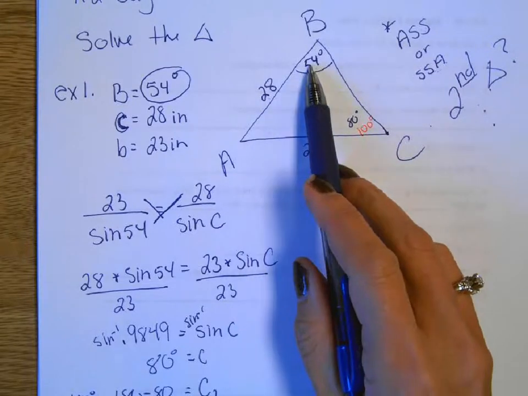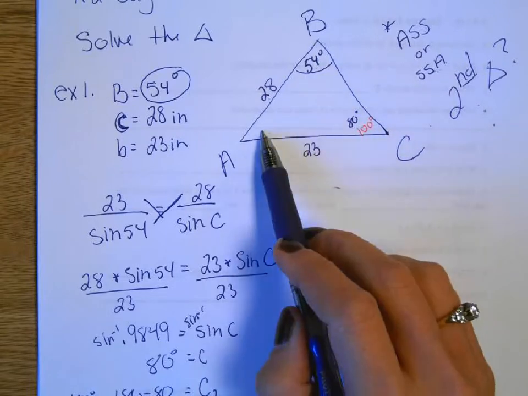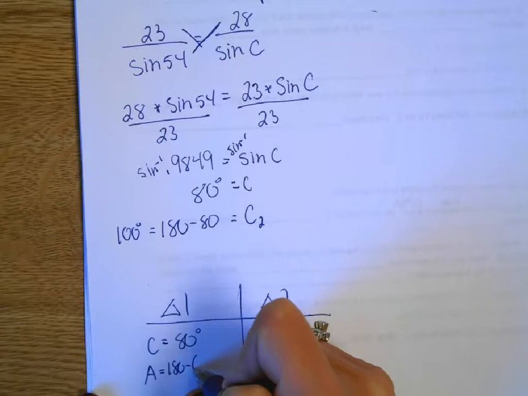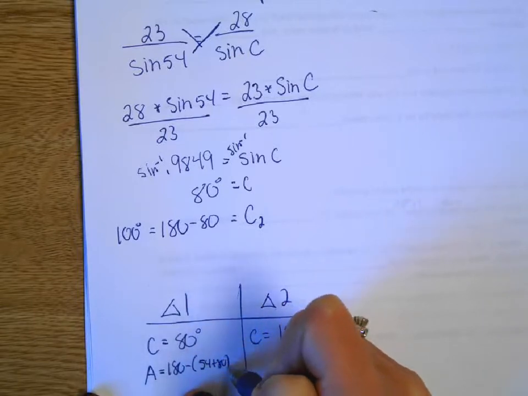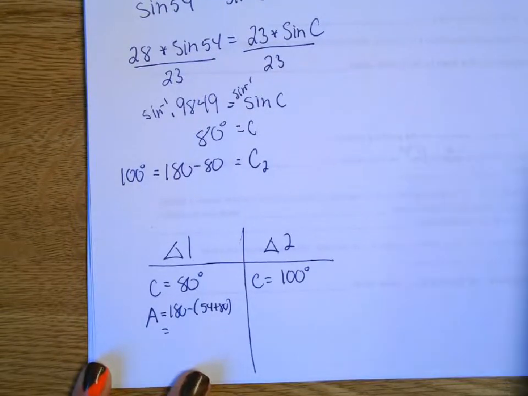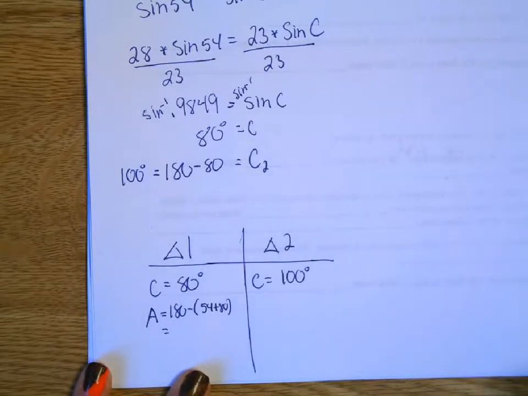I know 54 plus 80, the two blue angles added together, so 180 minus the 54 plus 80. What would I get for angle A? 46.